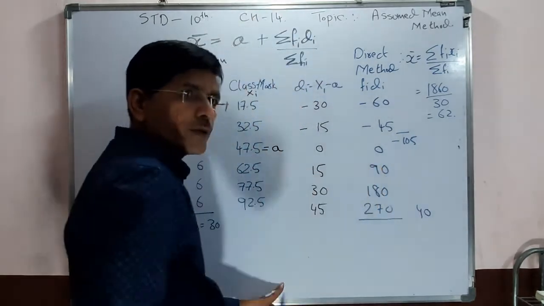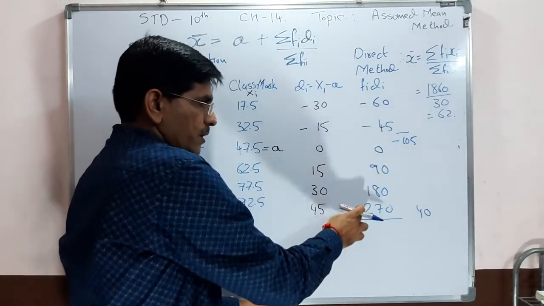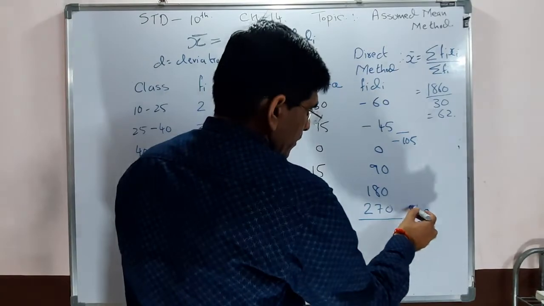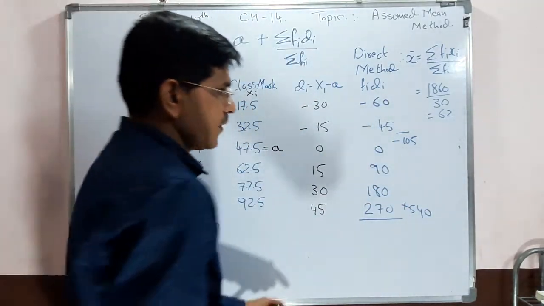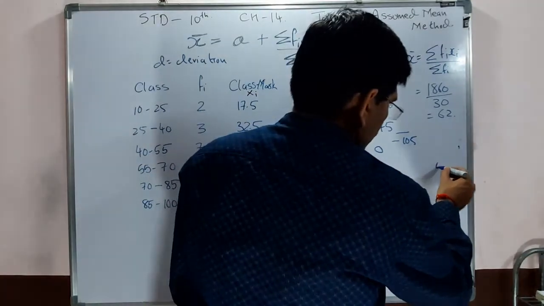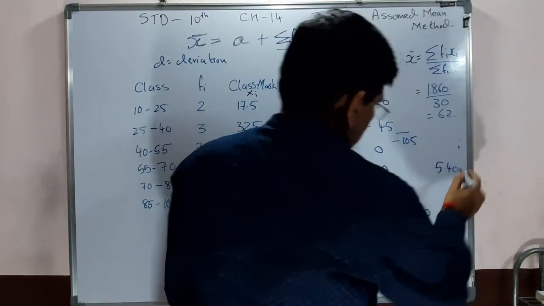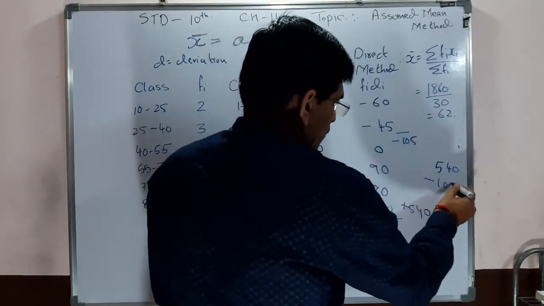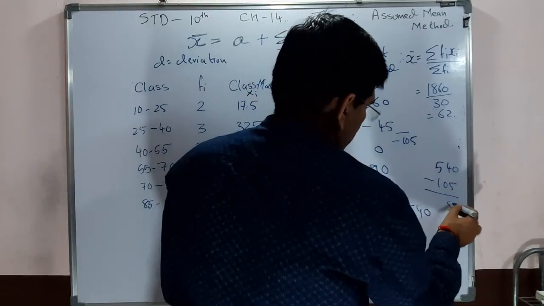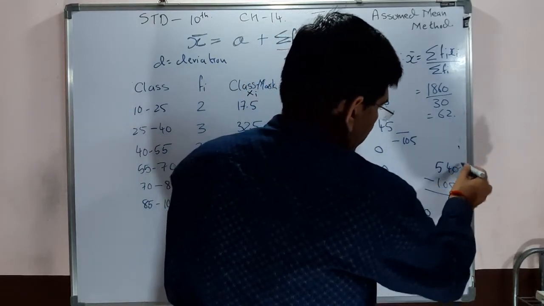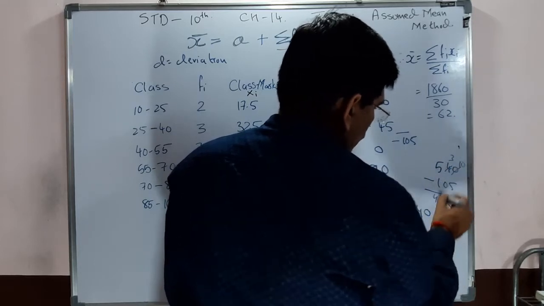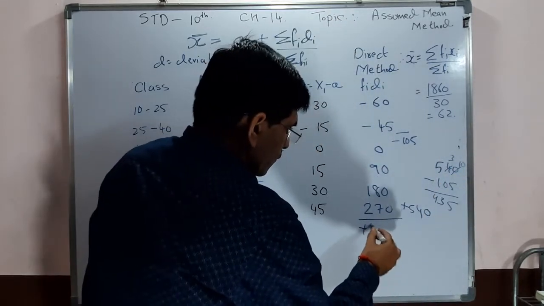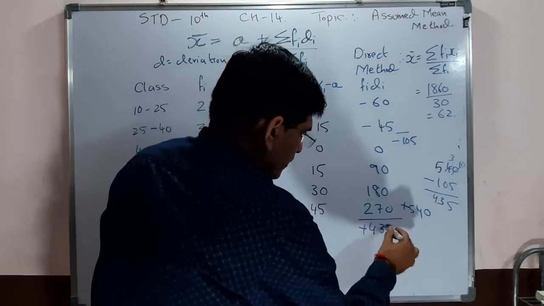Carry 2. So 2 plus 2, 4 and 5. So plus 540 minus 105. We can get positive 435.